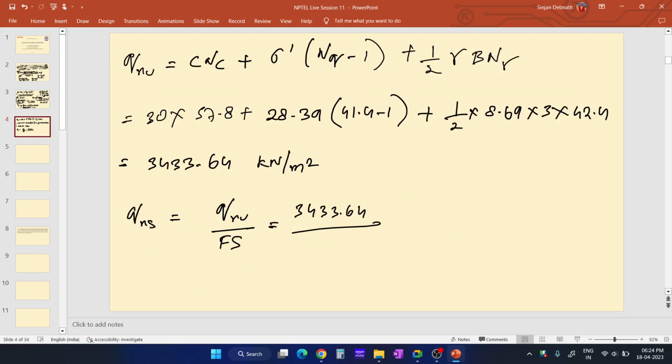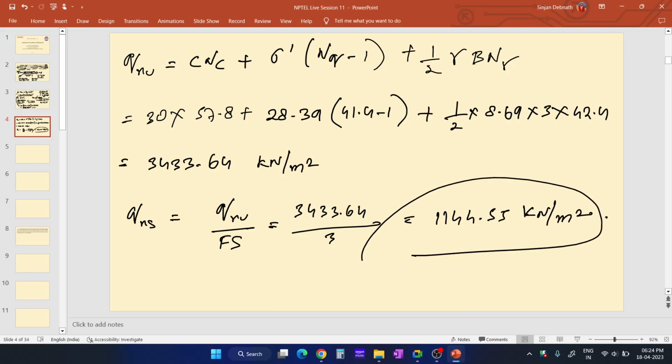We have been asked to consider a factor of safety of 3. So if we divide 3433.64 by 3, we will get the value of qns, the net safe bearing capacity of the foundation, which comes out to be around 1144.55 kilonewton per meter square. Okay, this is the answer.